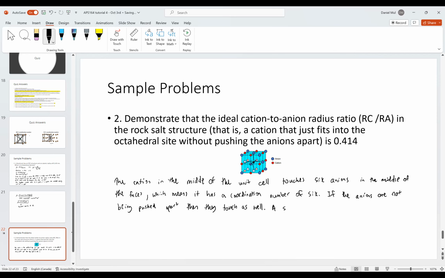So a sketch of a plane centered around a cation would look like this. So let's draw it.